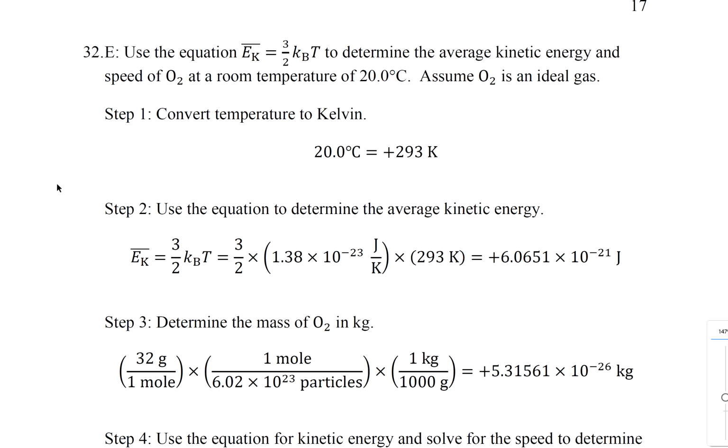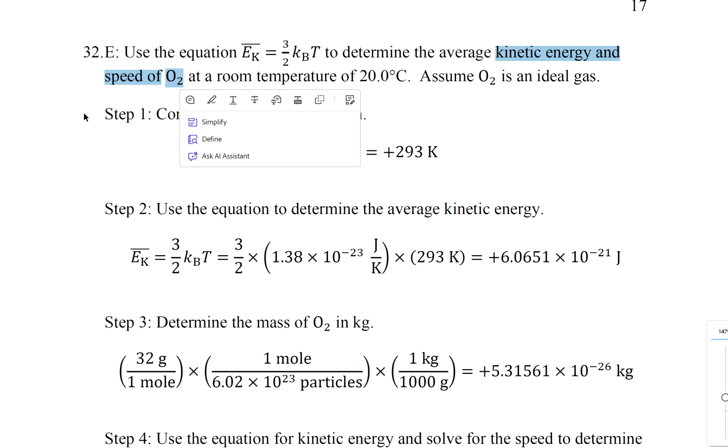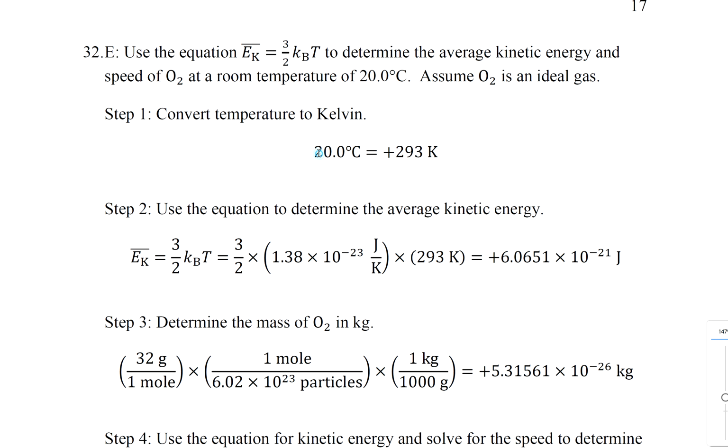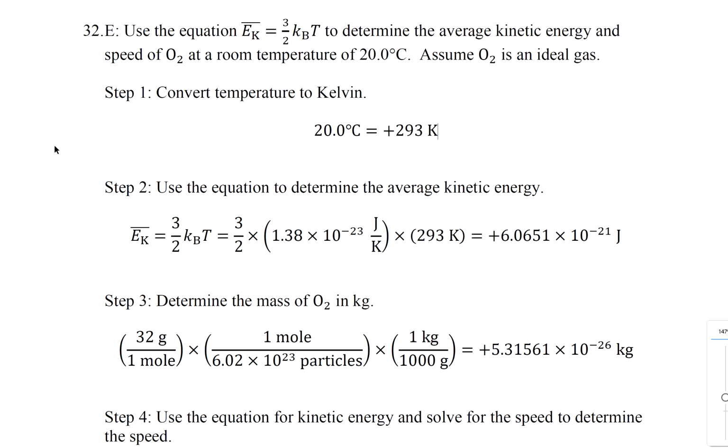So we're going to have to find the average kinetic energy and speed of O2. Step 1, convert degrees Celsius to Kelvin. Step 2, determine the average kinetic energy, which is what they wanted us to do.